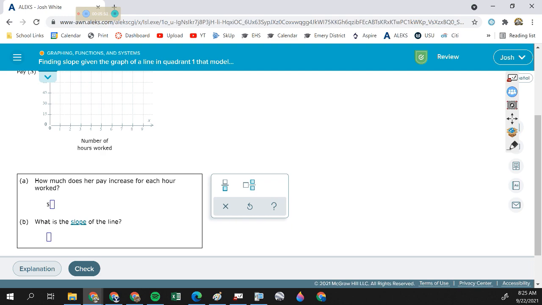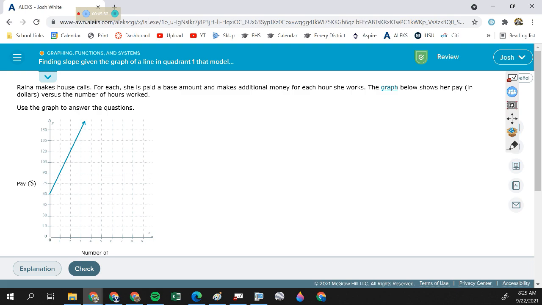How much does her pay increase for each hour worked? So this is a slope of how much Raina is getting paid. It looks like she gets paid $60 to start working, and then she gets paid an amount per hour.